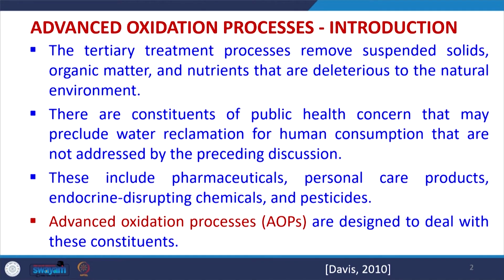Similarly, pesticides, insecticides and fertilizers are used in agricultural fields. After runoff during the rainy season, these get added into the aquatic streams. Thus, there are many chemicals getting added into the water which cannot be treated as such by the usual physico-chemical processes that we have studied till now.